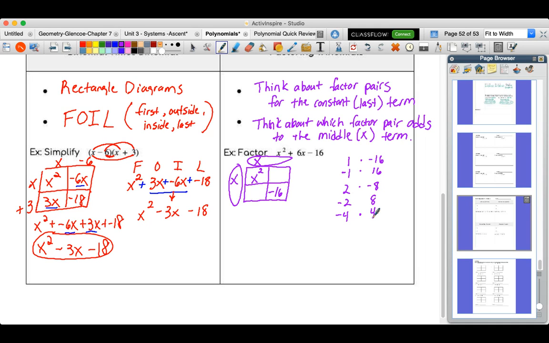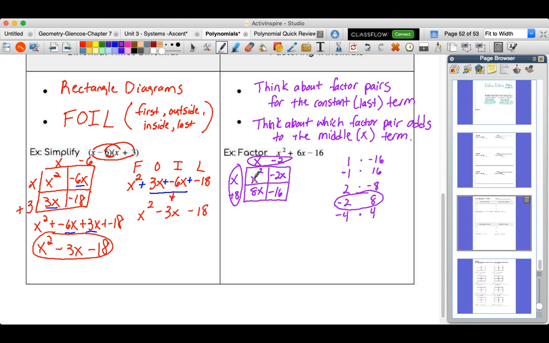Now, which one of these factor pairs would also add to positive 6 here? You look at them, hopefully you notice that this is the factor pair that not only multiplies to negative 16, but adds to positive 6. So x minus 2 and x plus 8 will be the factor pairs that go on the outside. Now notice what that gives us here is a negative 2x and a positive 8x.